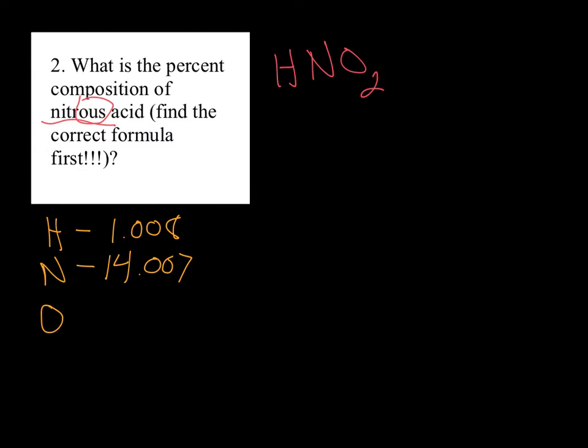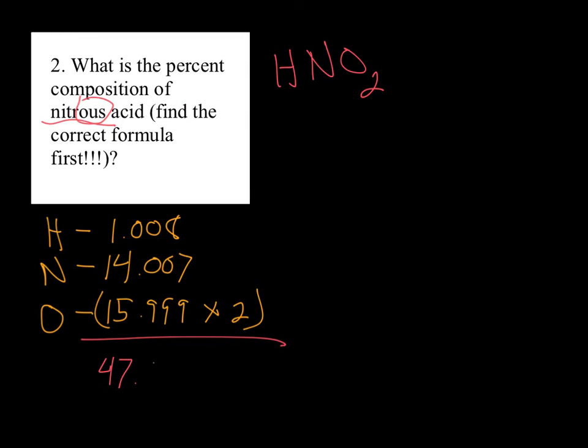And then I have a mass of oxygen, which is 15.999, and there are two of those. So if I do this and add it all together in my calculator, then I get a total mass of 47.013. So this is my total mass.